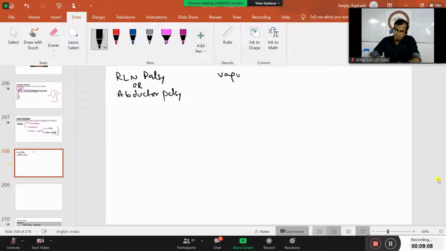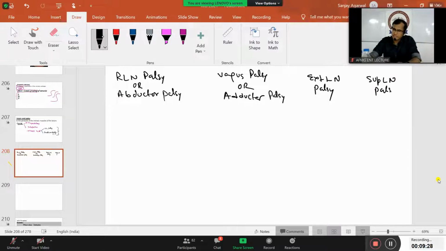The second situation is vagus palsy, which is also called adductor palsy. Then we have external laryngeal nerve palsy, which has no other name, and superior laryngeal nerve palsy, which again has no other name. So these are the four types of paralysis of the vocal cord which are possible. Internal cannot be a palsy, so we exclude that.